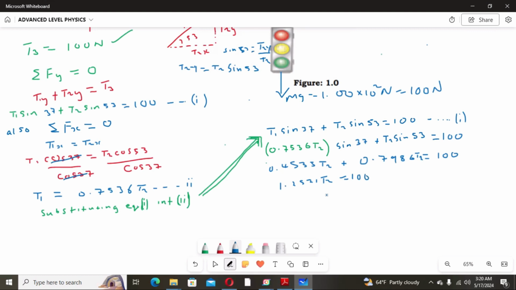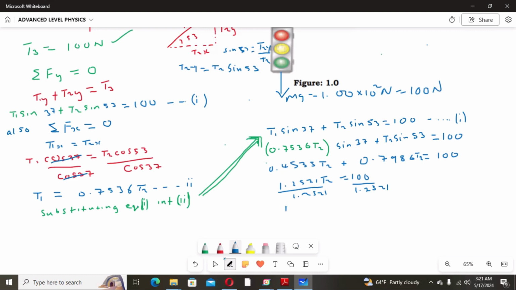Now I give you 10 seconds to solve for T2. Solving for T2 here, what are you going to have? You can divide both sides by 1.2521. Then what will be the final value for T2?